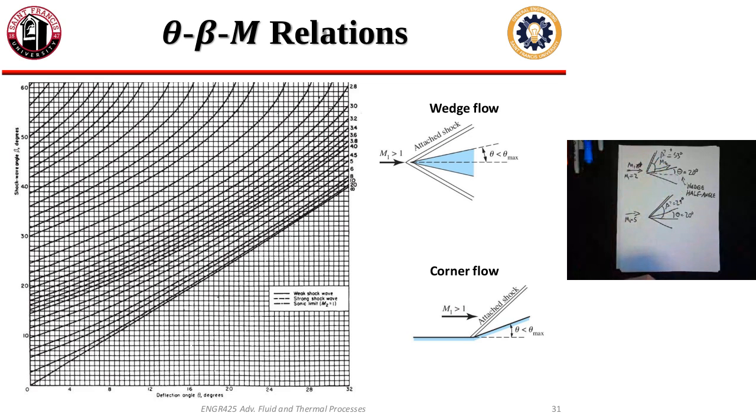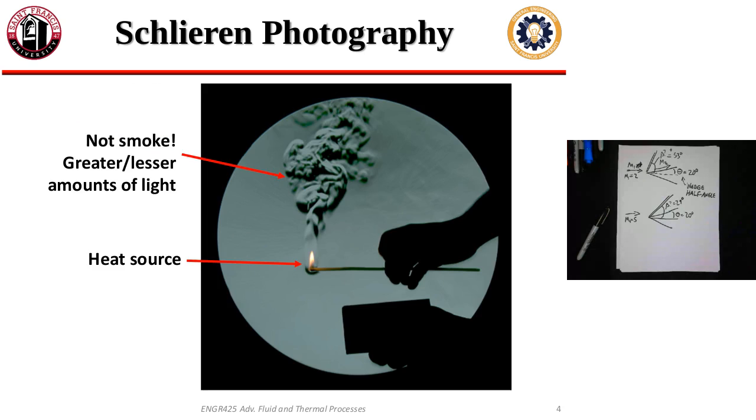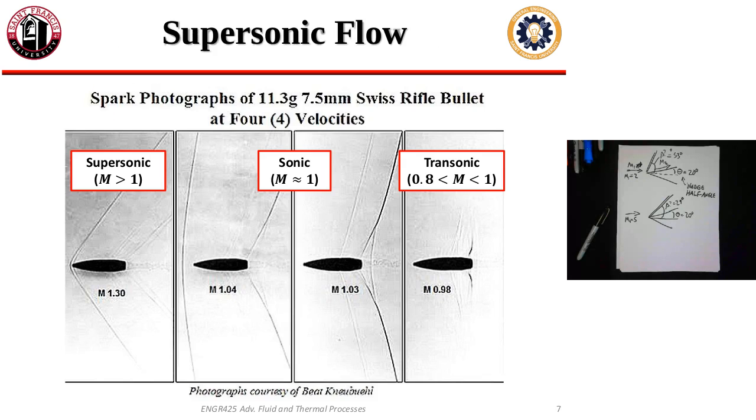Okay, so we can see that as we crank up Mach number, the wave angle goes down. If we go back to the slides, way back when we looked at shock waves around a bullet, that actually matches with our observations there, because if you look at the bullet at Mach 1.04, it's just a barely inclined detached shock.